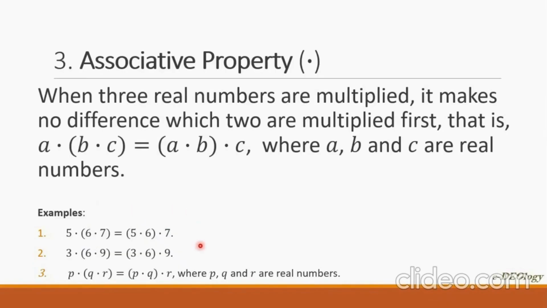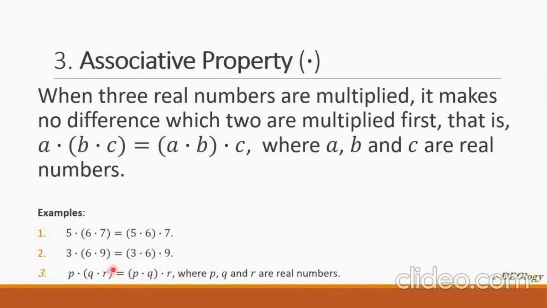Next is example number 2. 3 times the group of 6 times 9. This is equal to the group of 3 times 6. Afterwards, we multiply to the 9. The third example is where there are letters that represent numbers.